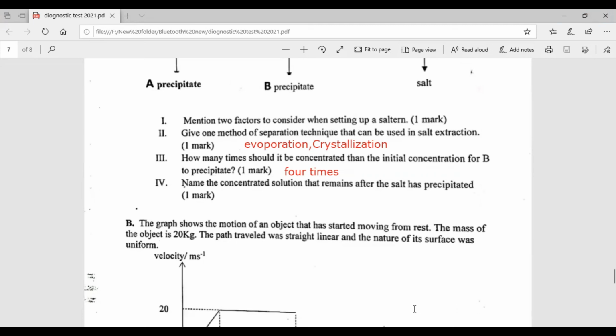Next one, name the concentrated solution that remains after the salt has precipitated. Answer is mother liquor, or bittern.